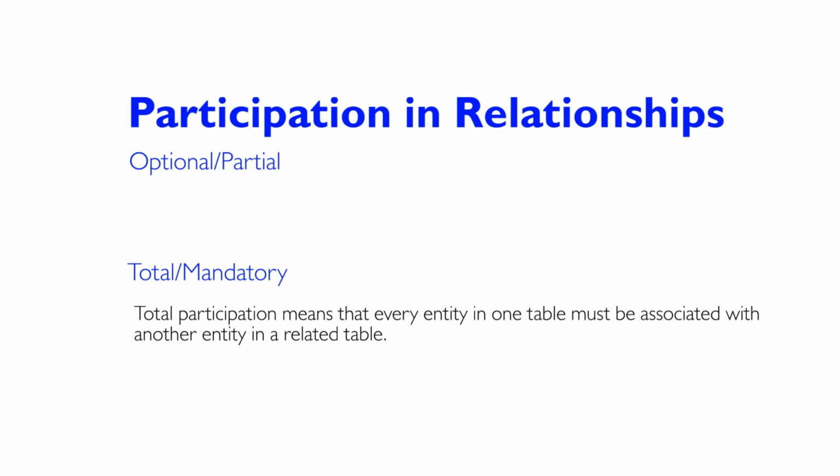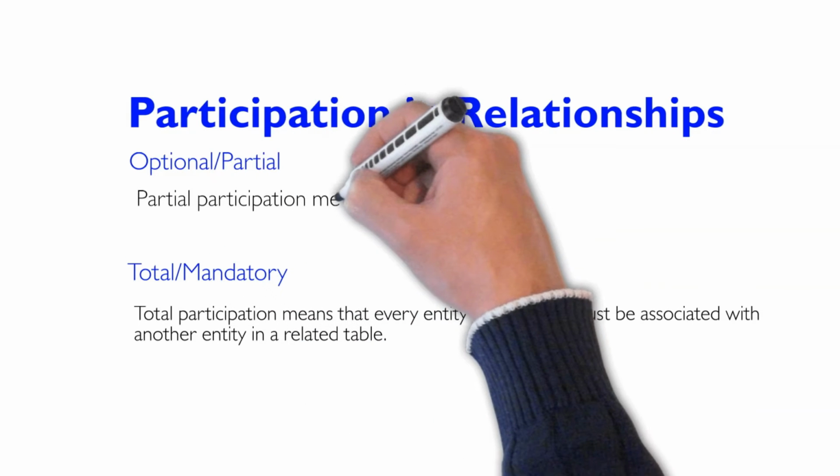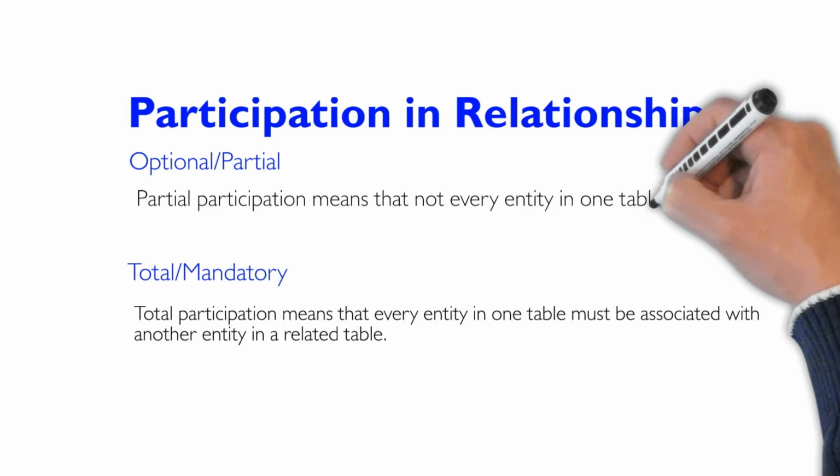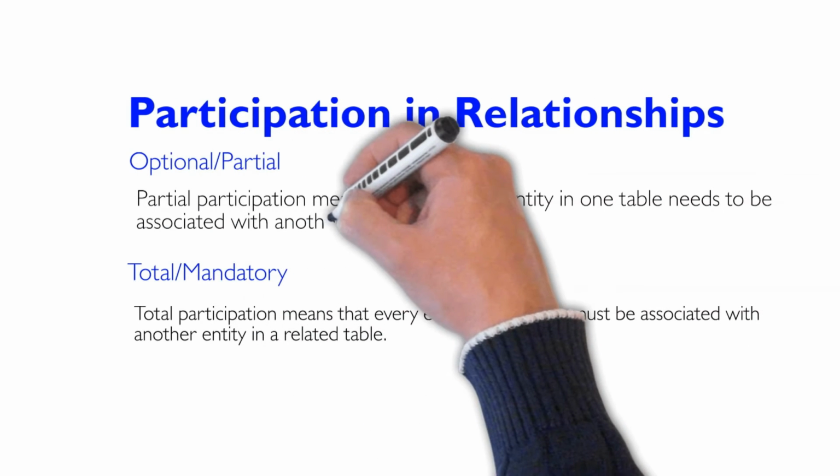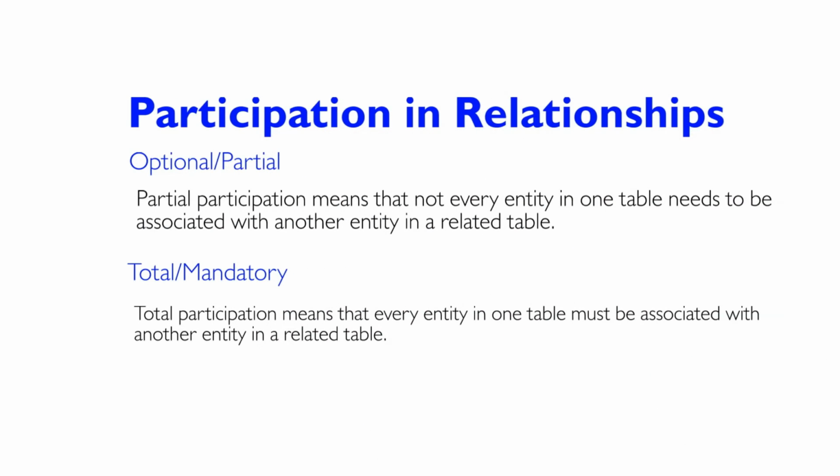Now, optional participation, also known as partial participation, allows for some entities in the table to not be associated with any entities in the related table. It means that certain records in the table may or may not have a related record in the related table.